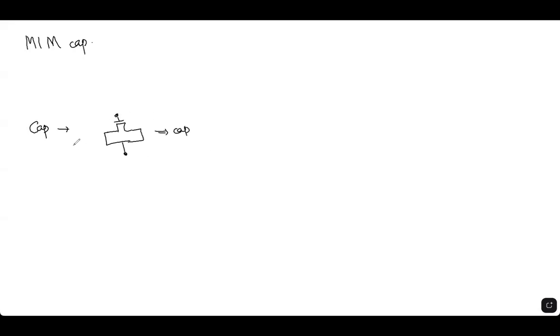Make sure that you're operating in a region where, okay, there is something known as a CV curve. The CV curve looks like this. The x-axis is V, the y-axis is cap, this being somewhere around VT of the transistor. If you're not operating around VT of the transistor, you're good to go.